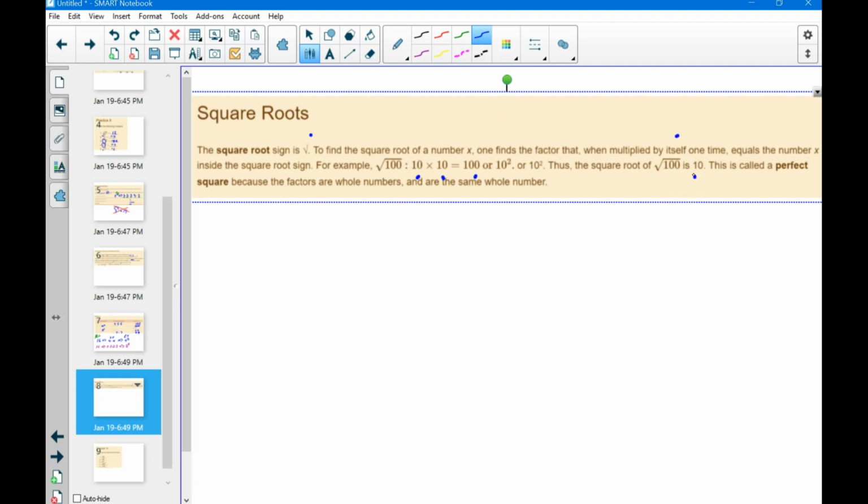So basically, if I want to give you some quick examples here, I'm going to write this down very simply. The square root of 25 basically means 5 times 5, which is 25.